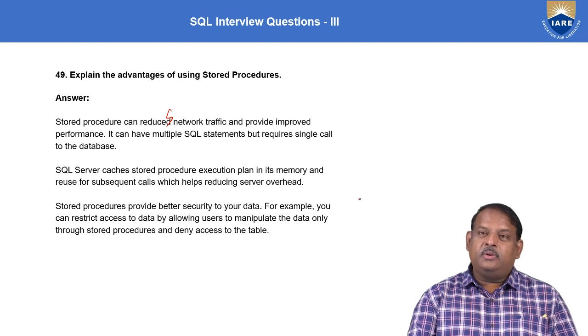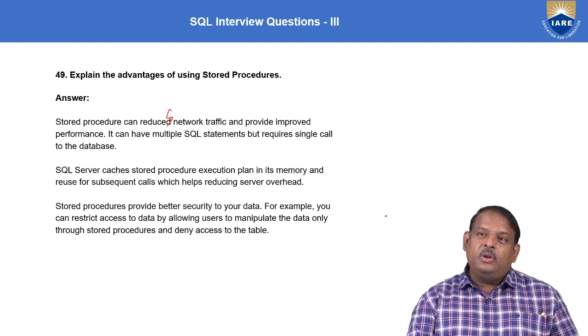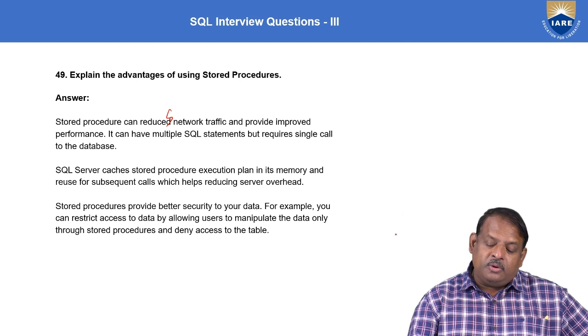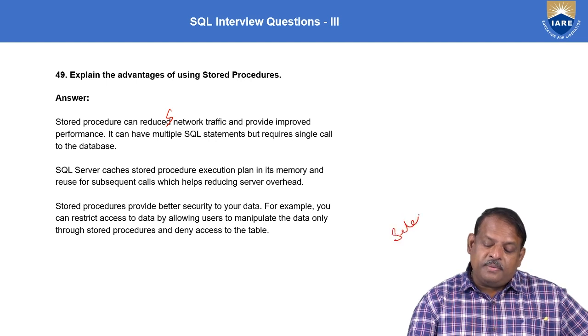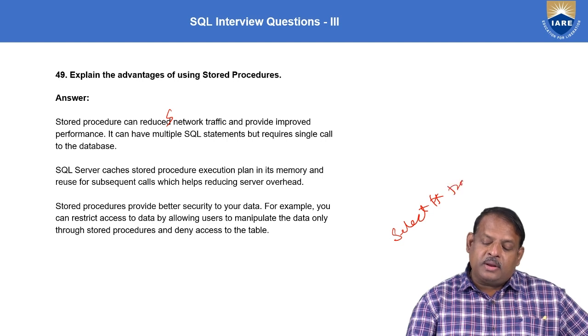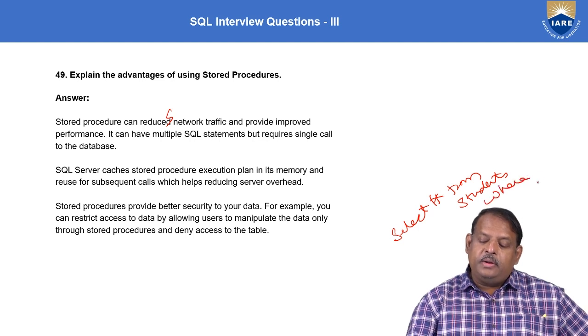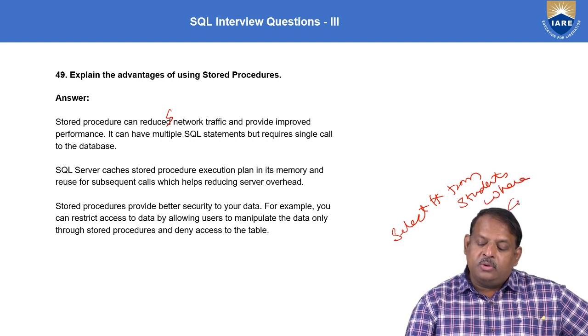But we give the user access to the stored procedure, in which you write logic that only selects data from the given table. For example, in the stored procedure I write select star from students where course is equal to ECE.